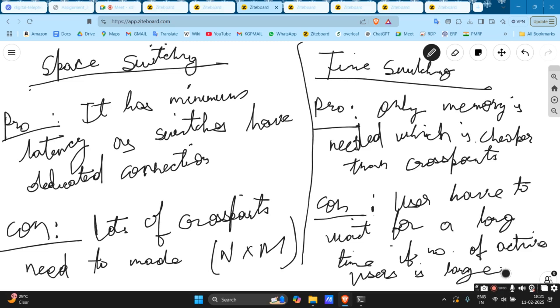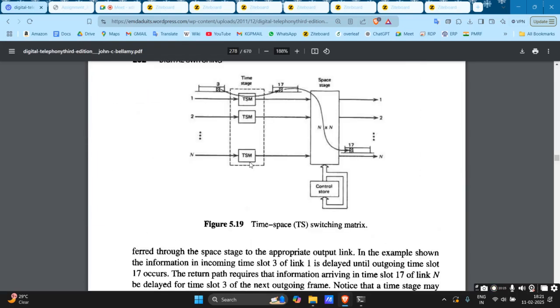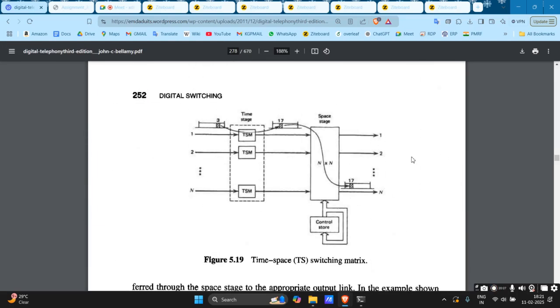So now what we will do is we will have multi-stage switching, where we will use both space switching and time switching so that we can get a compromise solution which is not as expensive to implement as space switching, but not as high on latency as time switching. So that is the two-dimensional switching, called time-space switching.